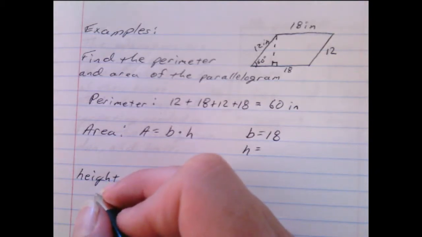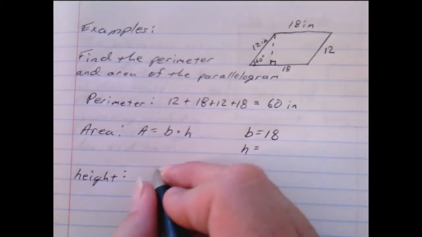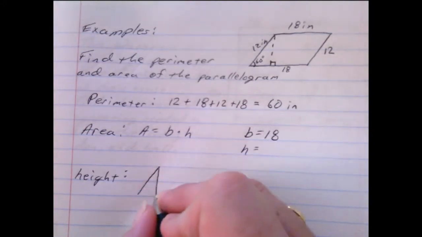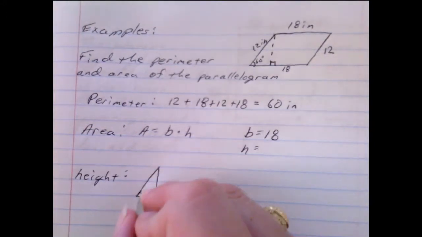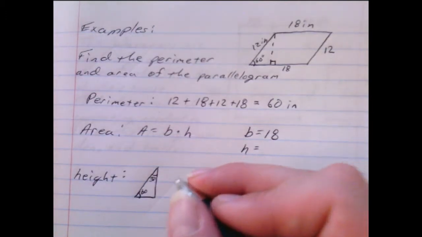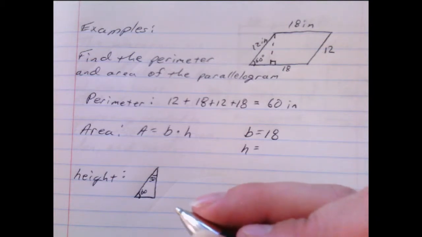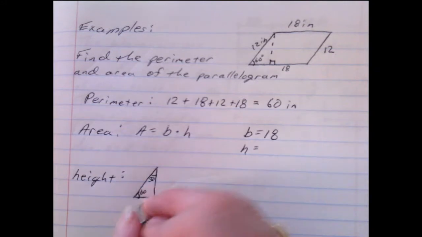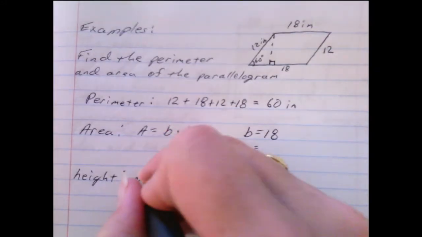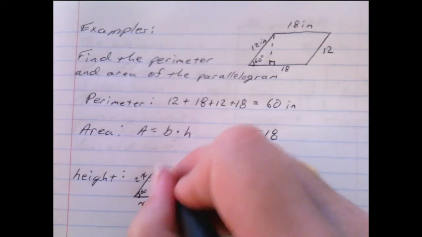So when we find our height for our 30, 60, 90 triangle, if you remember back to when we were talking about all of that, you can look back in your notes. This is our 60, so here's our 30. So we have x, we have 2x, and we have x square root of 3.